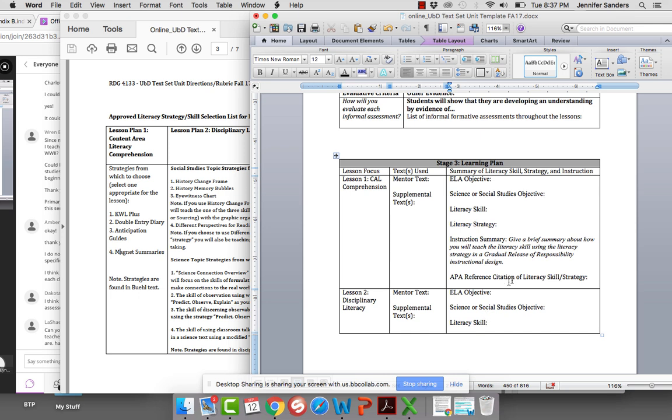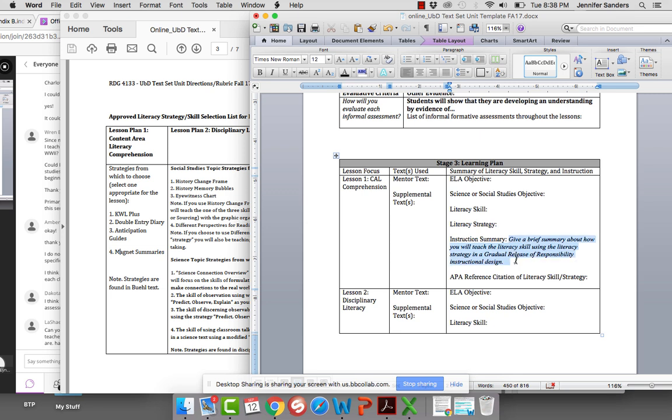And here for the summary, just give me a summary of how you're going to teach. Like, how are you going to model? How are you going to guide? How are you going to collaborate? How are the students going to collaborate? And how are they going to work independently? And this is all based on the gradual release of responsibility.